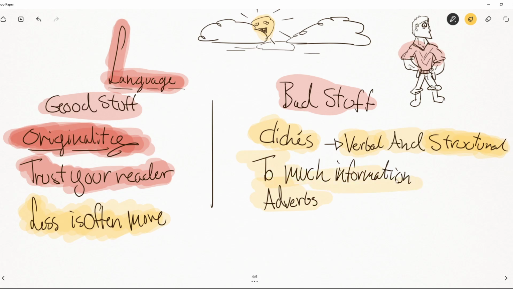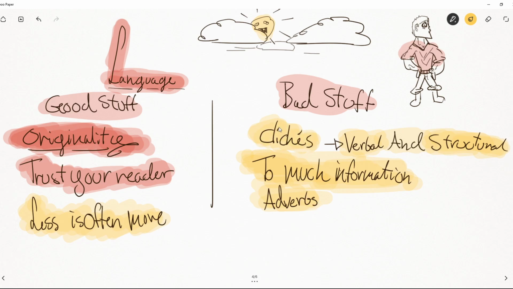So finally, you would seek to avoid using too many adverbs. Adverbs are the words that describe an action, and that's the particular kind of adverbs that we seek to avoid using a lot of. Instead of saying he closed the door, or he slammed the door, you would say he forcefully closed the door.